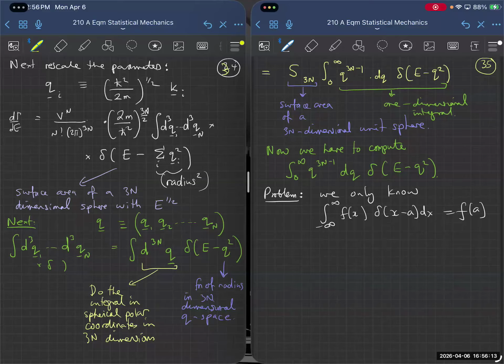That was the defining characteristic of a delta function. But what we have here is E minus q squared inside the delta function. So now what?